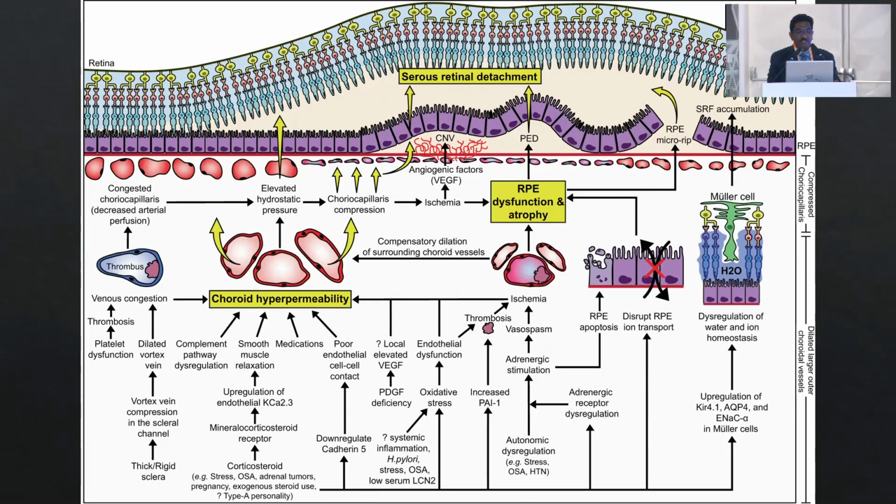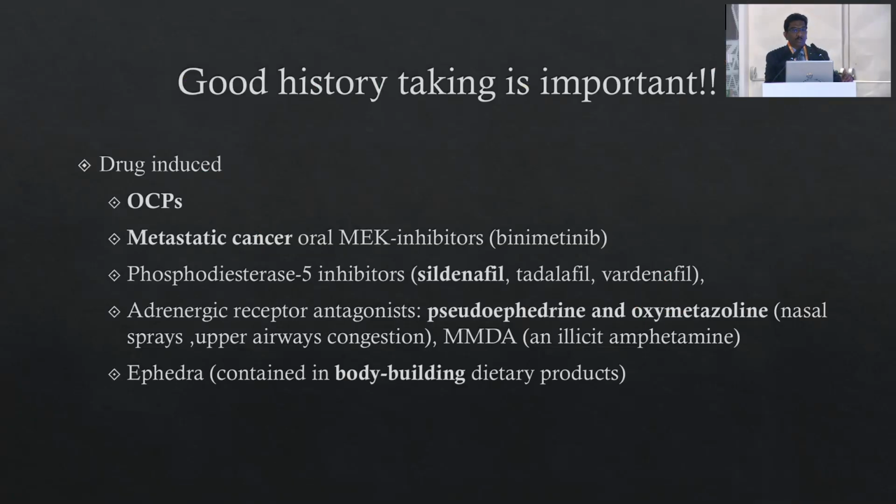because we may have to rule out each and everything. And probably most of the time we are looking at the corticosteroid induced or stress induced causes, but there are various other causes which might be leading to CSR. That's why we need to take a good history.